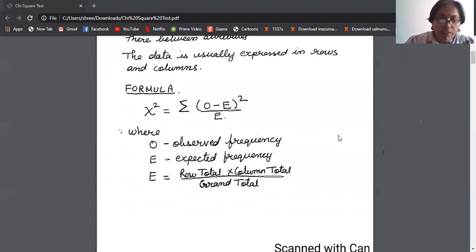You can just copy this formula or take a photograph or a screenshot, whatever you want. I'll just wait for 1 minute, and now you can check this out. Yes, is that okay?